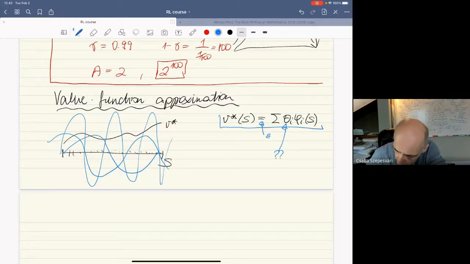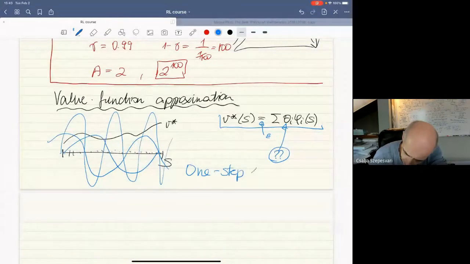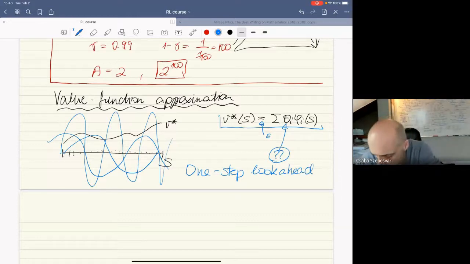So that's the big question. Can we calculate these coefficients? If we were able to calculate these coefficients, then one step look ahead would do the trick. So the idea would be you do some computation. After that, you get these coefficients.